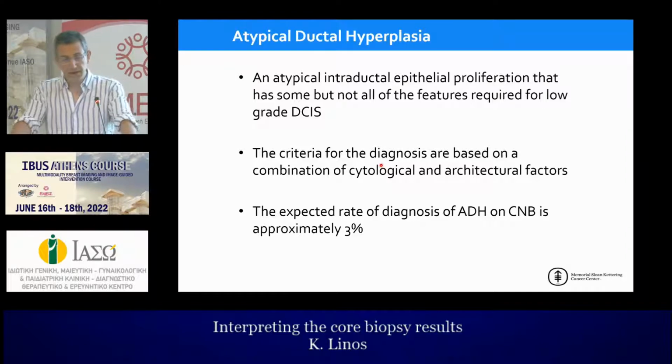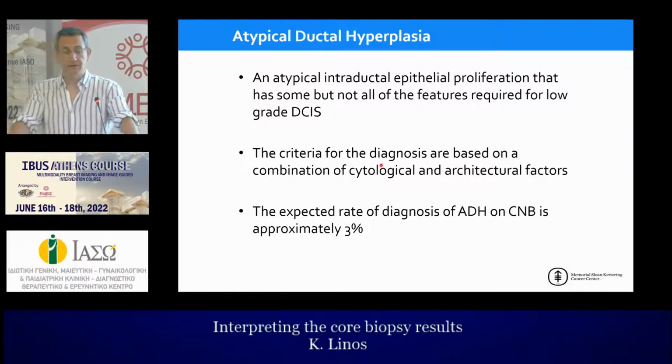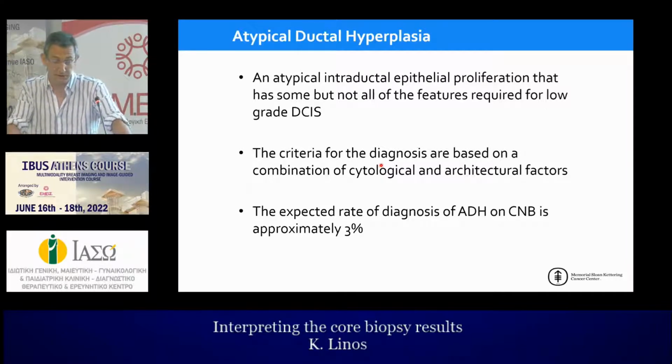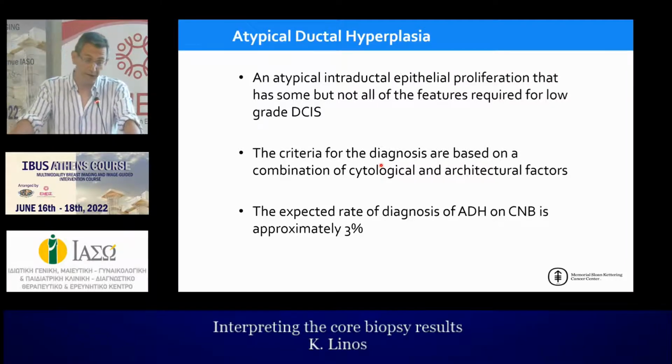The criteria for making the diagnosis are based on a combination of cytological and architectural factors, and the expected rate of a diagnosis of ADH in core needle biopsy is approximately 3%. So if you send a lot of core needle biopsies to your local pathologist and you get a way higher number than that, then there's a problem. The expected rate is about 3%.